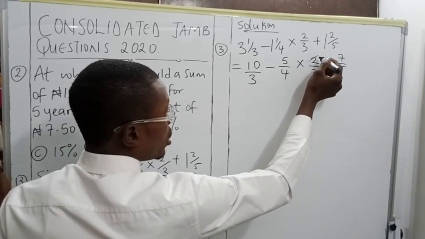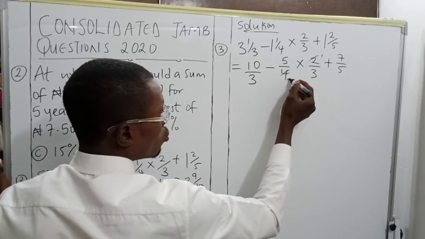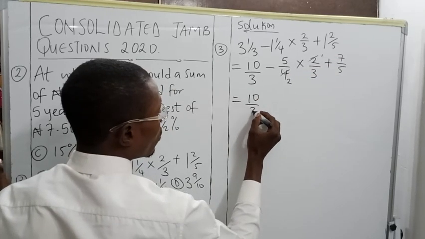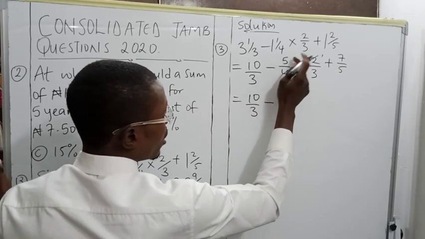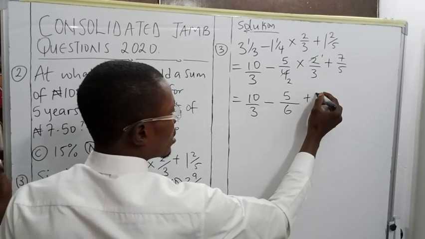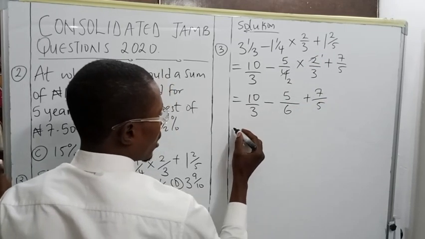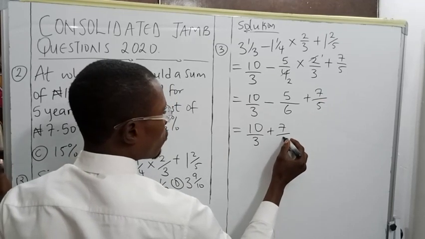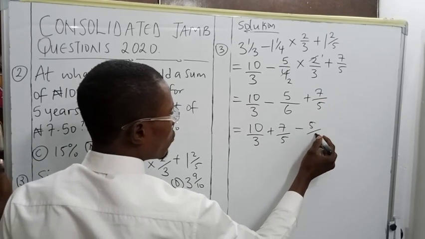This can cancel out. 2 here, 1. 2 into 4, 2. Right? So we have 10 over 3 minus 5 times 1, 5 over 2 times 3, 6, then plus 7 over 5. I can write it this way: 10 over 3 plus 7 over 5 minus 5 over 6.